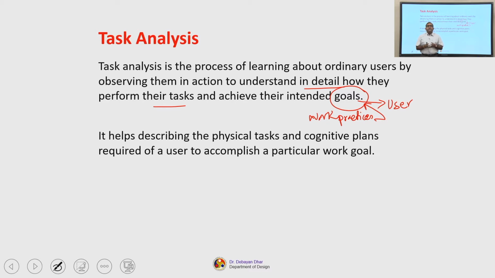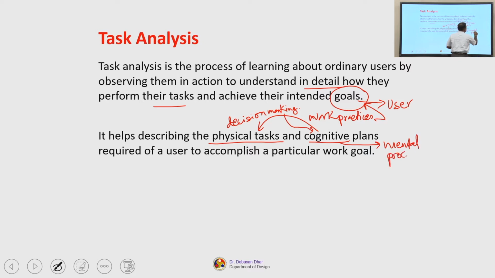So, it helps describe the physical tasks and cognitive plans. Each physical task is preceded by some plans or decision making, which are a consequence of the mental processes that a user performs.